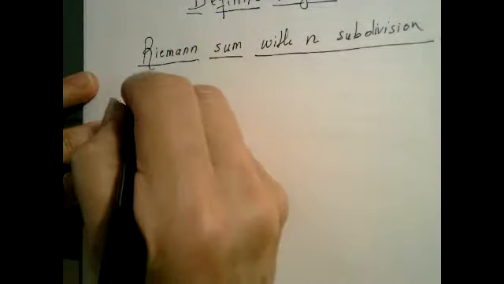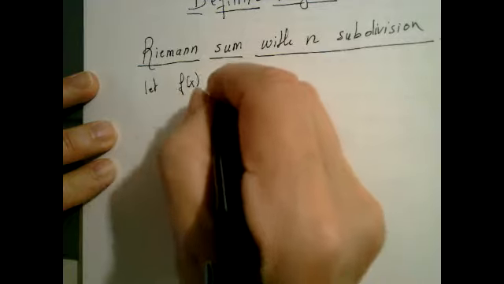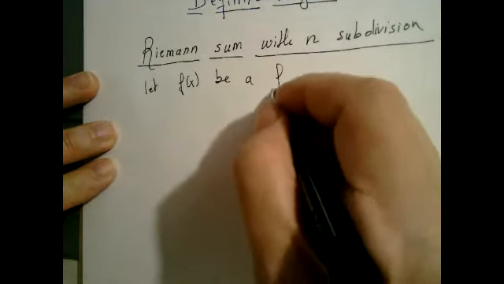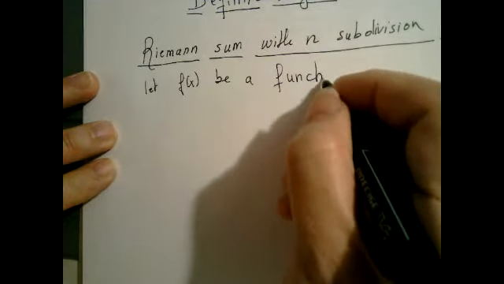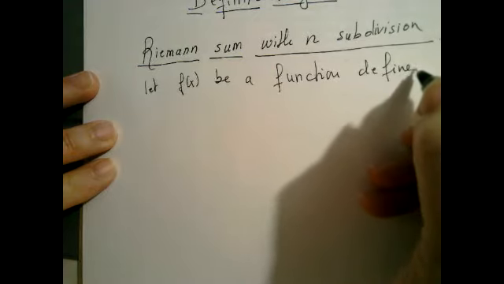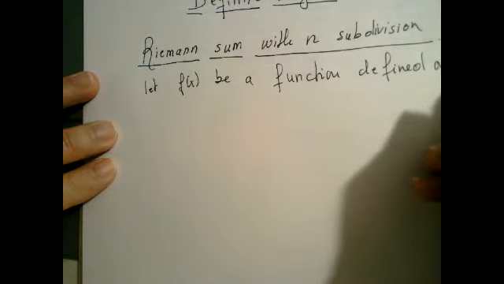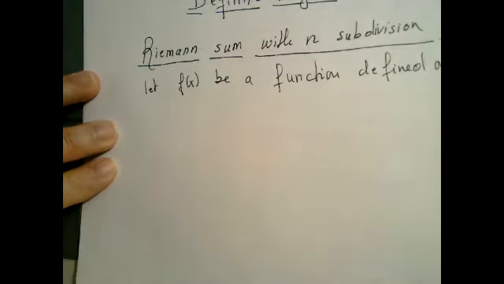So we start with a function f of x, defined on an interval [a, b]. Okay, so this is my picture.